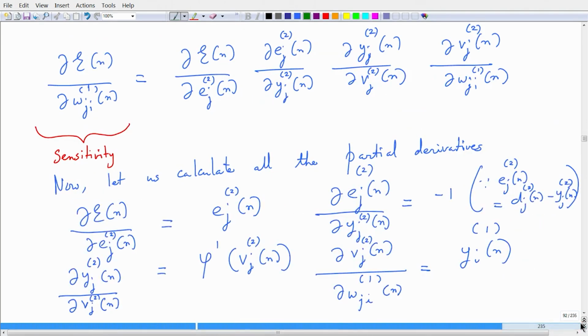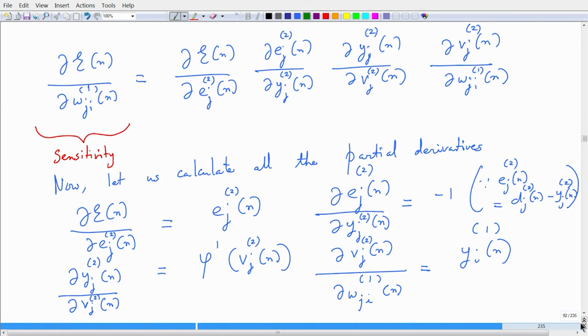Now, how do we decompose this error? Recall that the error is the summation over all the instantaneous error energies over all the neurons, right.